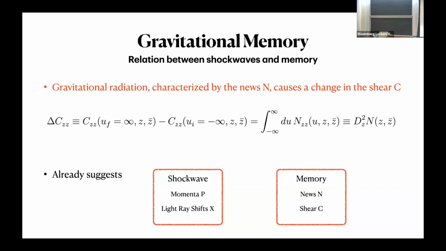And the light ray shifts that are the result of this incoming particle, and the shear, which characterizes the separation between these detectors, that's changed as a result of having encountered the gravitational radiation. So the thing to keep in mind is that the momentum P and the news are directly related to each other, and the shifts and the shear are also directly related to each other.